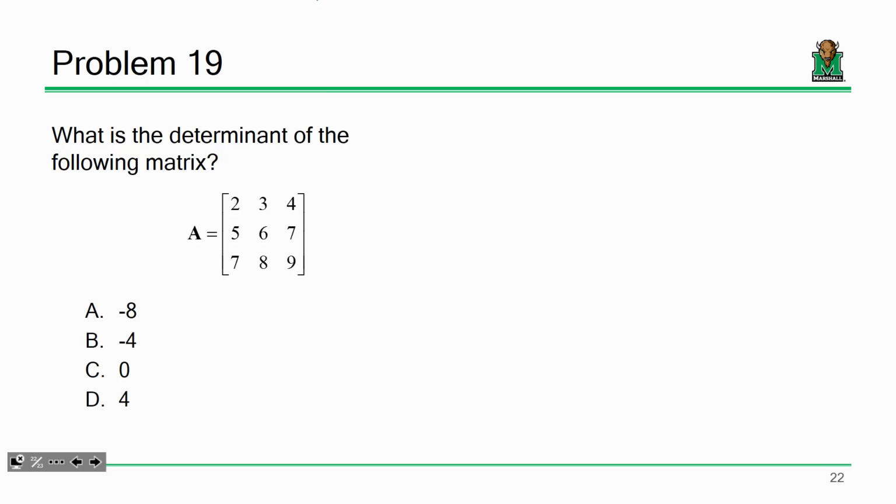Somebody got it. Got the other one 6 times. 54.